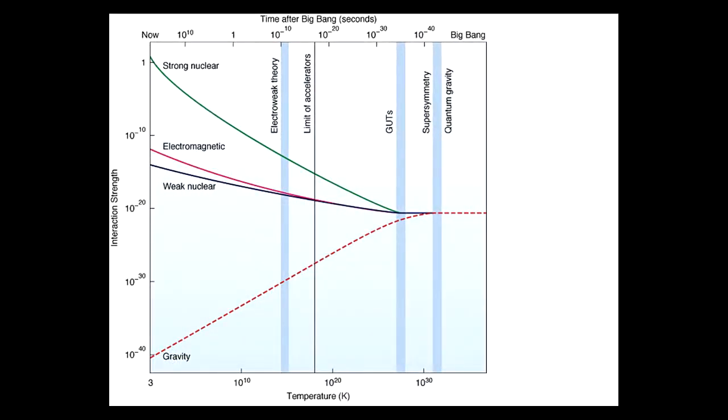So just to show you one more diagram about this unification idea, we have a chart here showing at the top is time. This is now, currently. As we go to the right, we're going back toward the beginning, the origin of things. Along with that, in early epochs, we had temperature rising through the roof, so to speak, and interaction strength of the forces and particles that we've been discussing.